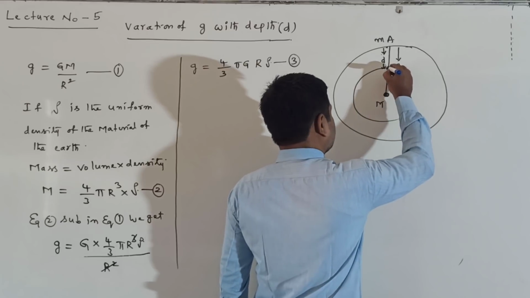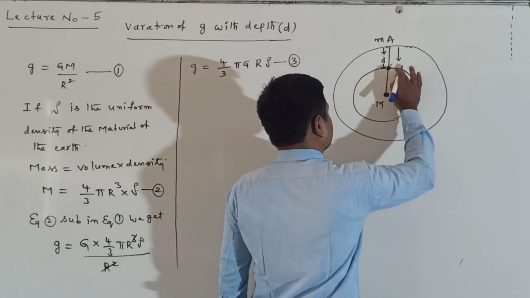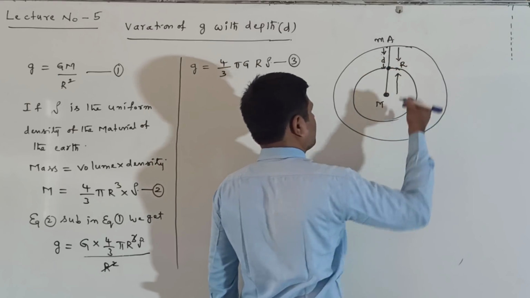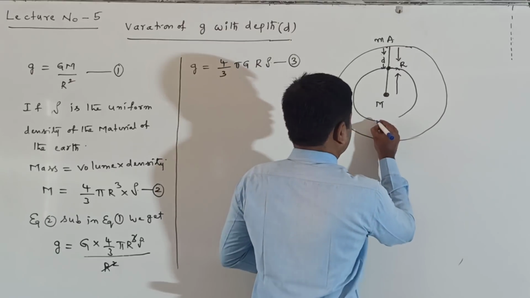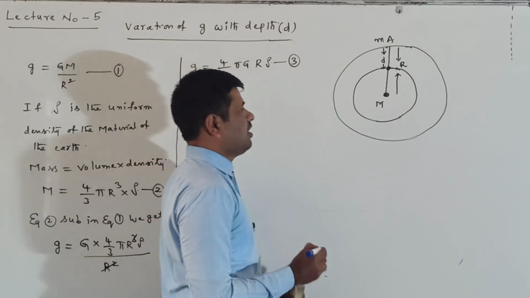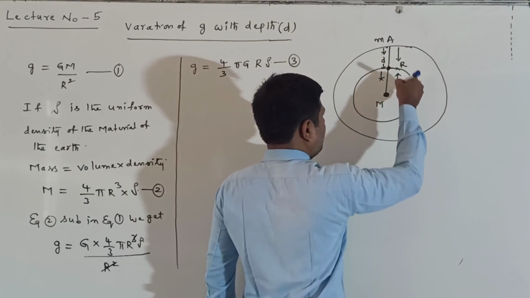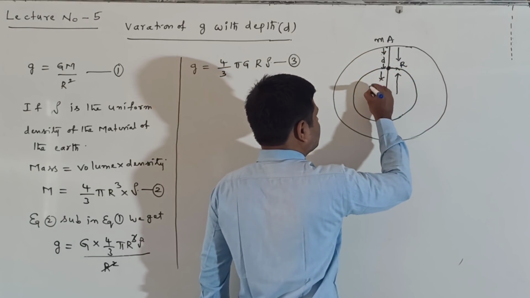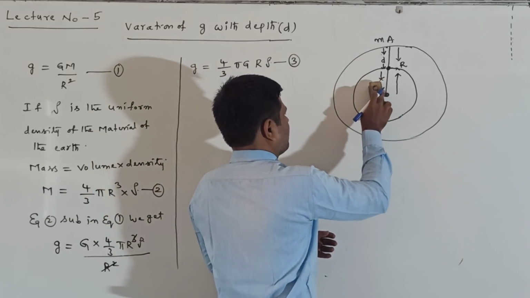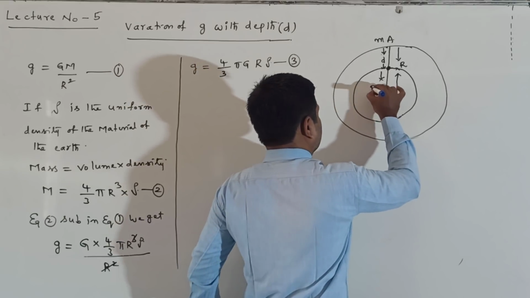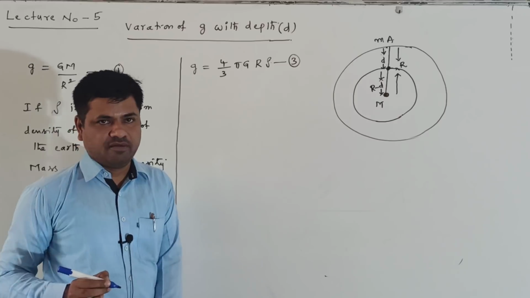Now I am taking another sphere here. With small d depth, the remaining radius is how much? The total value up to this point is R, this value is d, so the remaining value is R minus d. Then the body of mass m is taken from point A to point B. When taking it from A to B, we go to depth d, so the radius becomes R minus d.